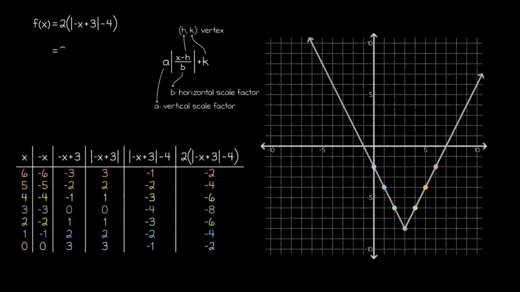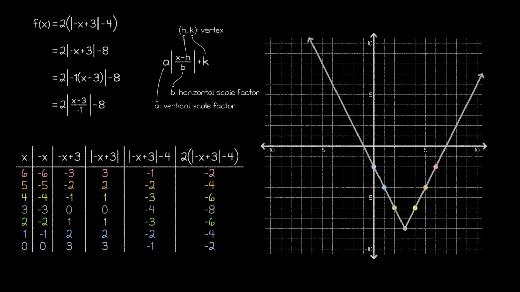So let's put our original function into this format. First, we can distribute the 2 to both terms inside the parentheses to get this rewritten function. Then, we can factor out a -1 inside the absolute value bars to rewrite things this way. And since multiplying by -1 is the same as dividing by -1, we can finish off by rewriting the function this way.